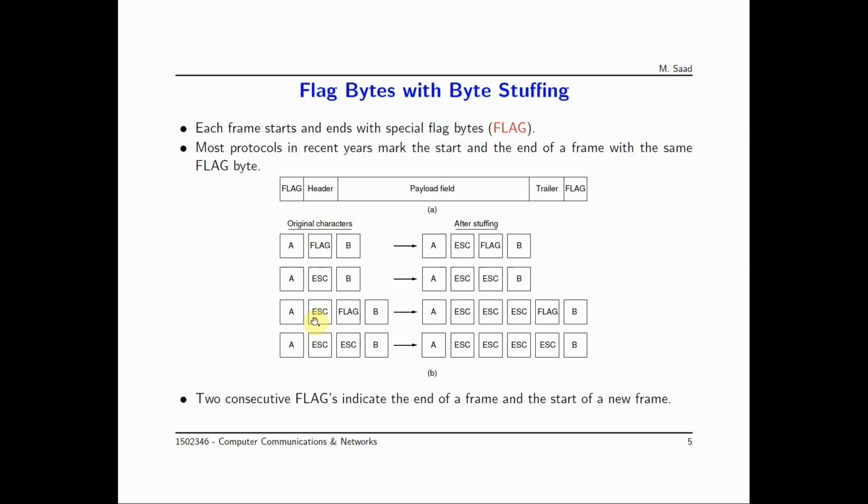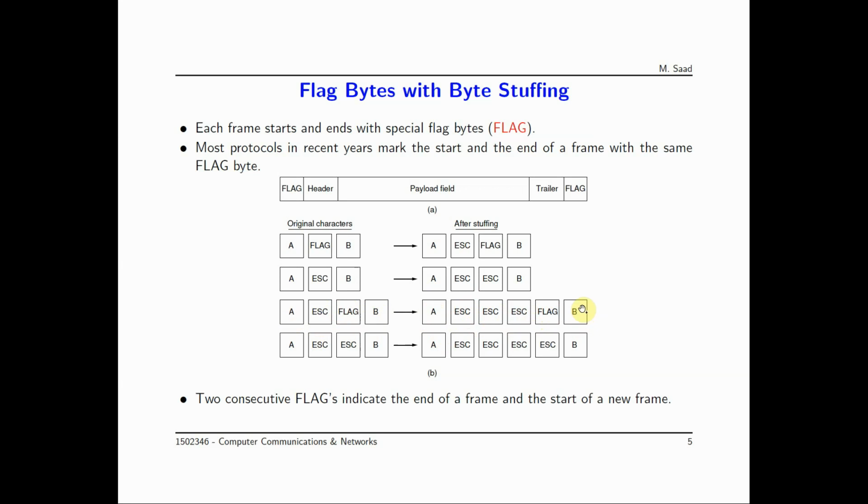Now, if the data frame itself contains character escape and character flag, what does the sender do? It adds an escape before the first escape, and it adds an escape before the flag. So instead of sending A escape flag B, it would send A escape escape escape flag B. However, the receiver knows the protocol.